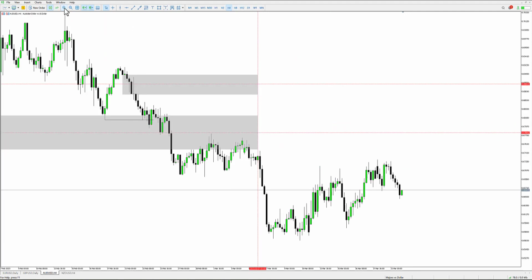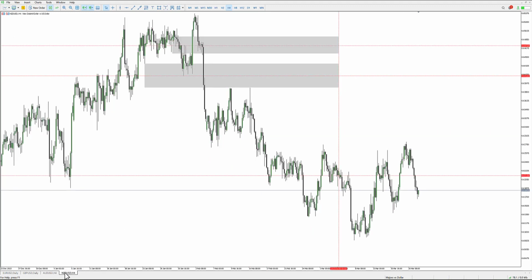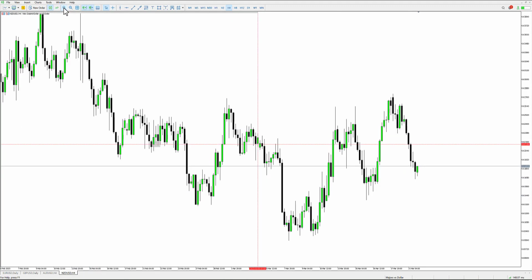If you are looking for long, say on Aussie dollar, these drops here shouldn't even give you any kind of goosebumps or fluffy hair. You shouldn't worry about that. The only thing you have to ask yourself is, is price dropping into a discount array, which should provide support for me to go long on, right?